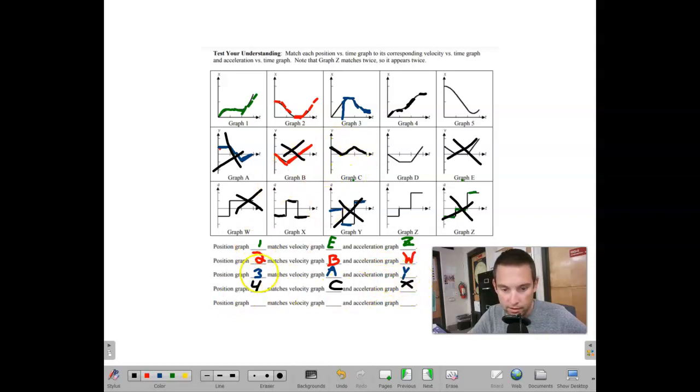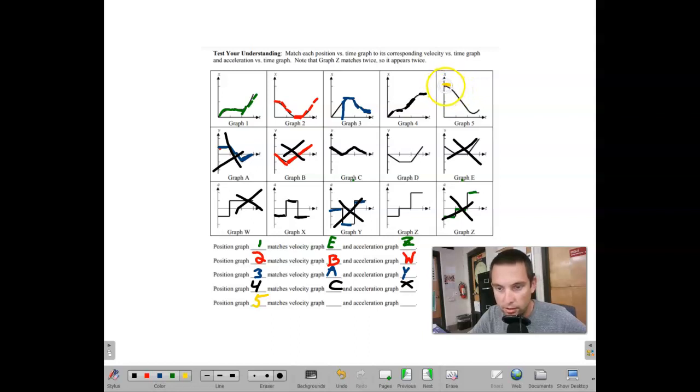And then the last graph, number 5, matches velocity graph D and acceleration graph Z, obviously, but if you want to go through it, I think that's a great idea.